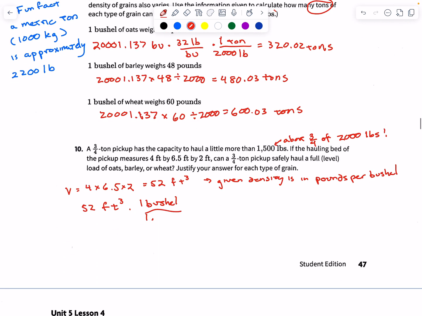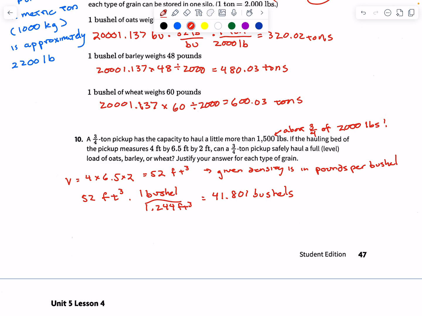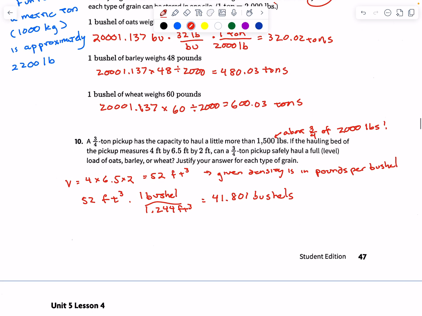Yeah, 1.244. Okay, 41.801 bushels. Oats is 41.801 bushels times 32 pounds per bushel.